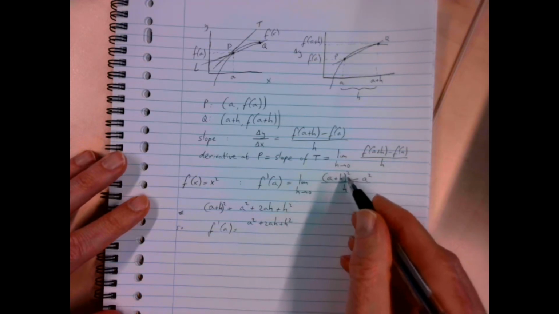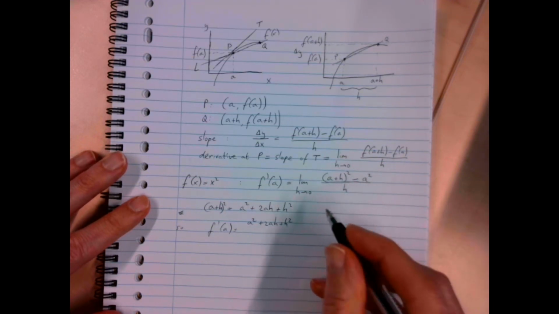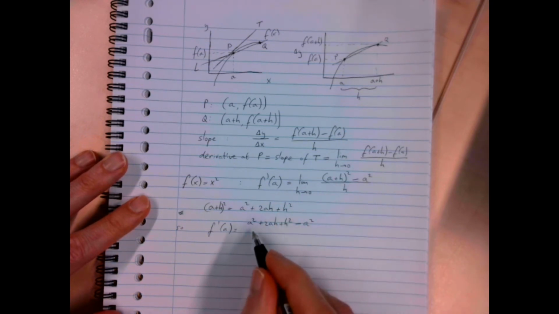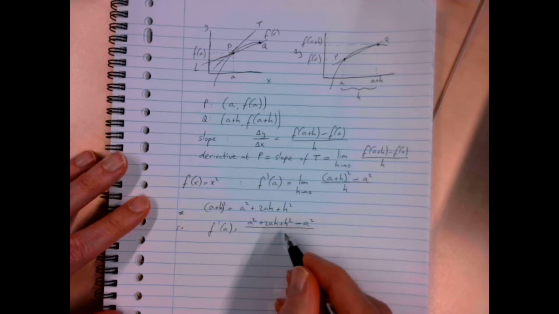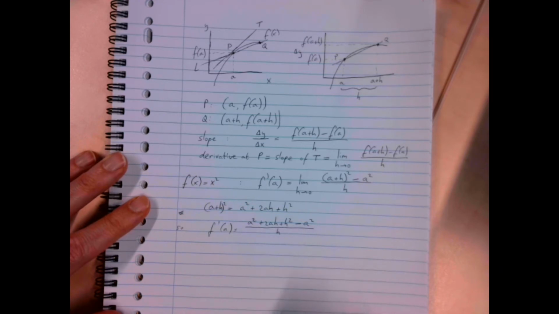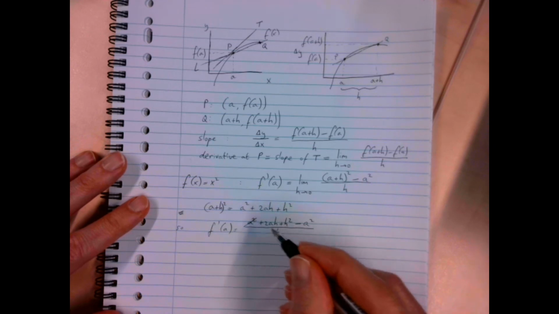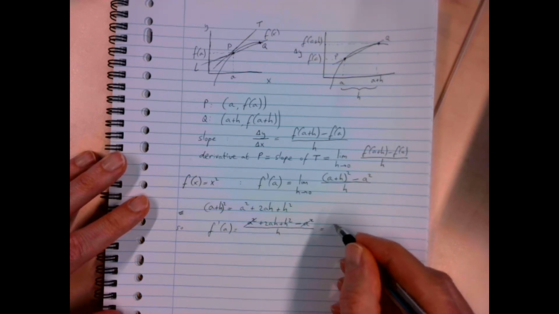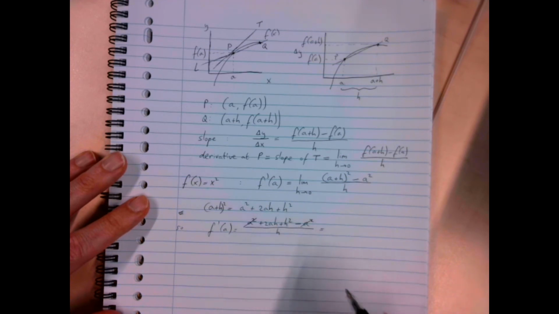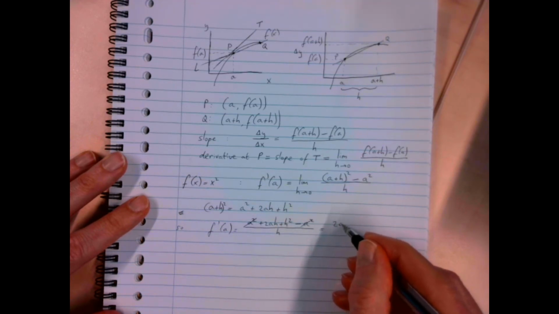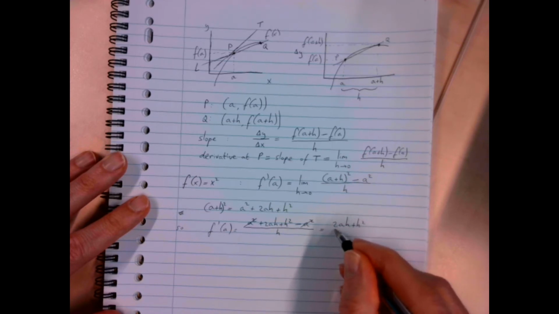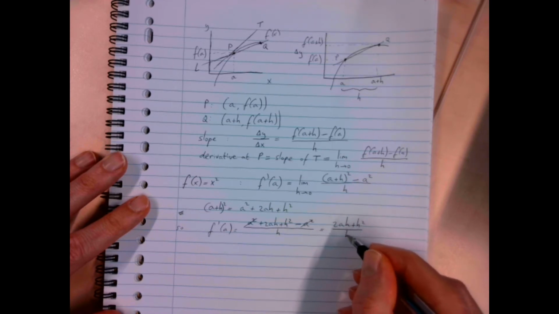So that's this bit here. I have to subtract from that a squared, and I need to divide by h, by this horizontal movement h. Okay, something nice is happening here because these a squared terms are cancelling. So the only stuff that's left is this bit in between here, 2a times h plus h squared, divided by h.